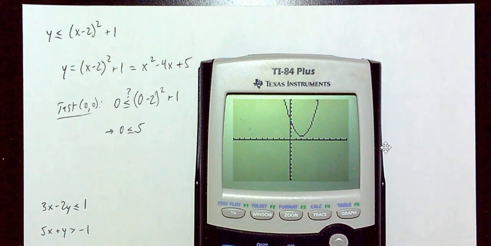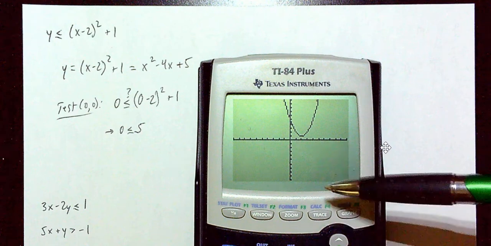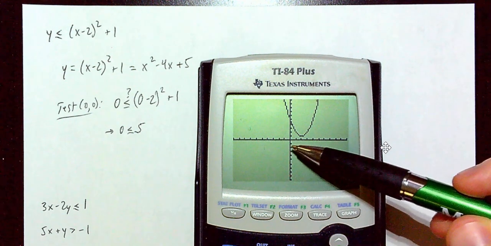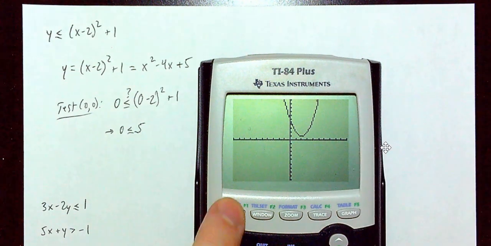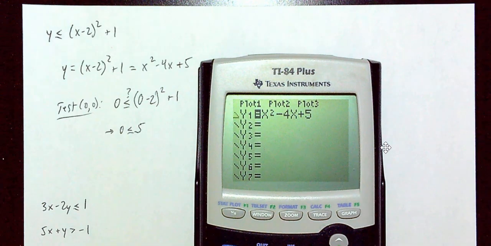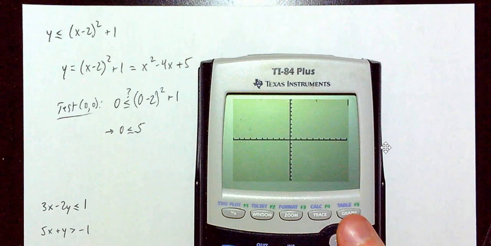So on my graphing calculator here, I want to shade in the part of the xy plane that contains 0, 0. So if I go back to my y equals, again, this is where you may have to mess around with these options and see what option gives you the portion of the xy plane that you want. Let's just see what happens if I choose the upper right hand piece of this.